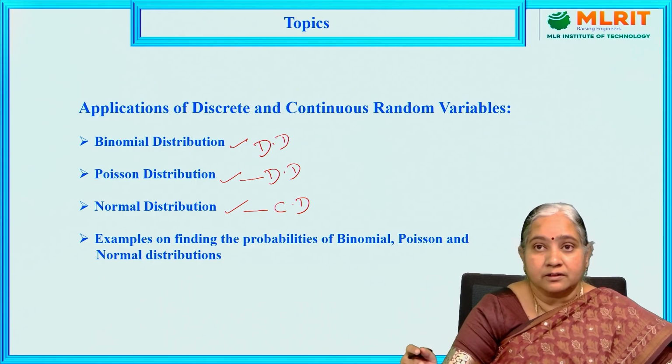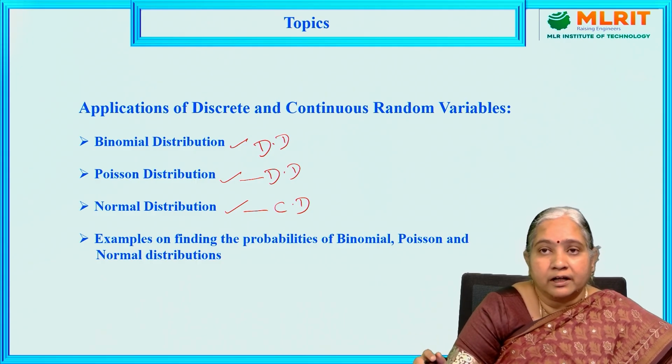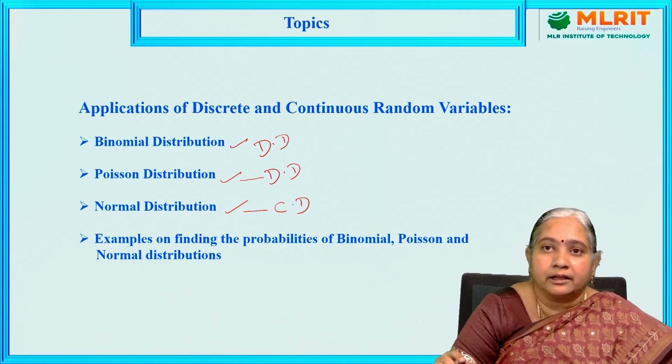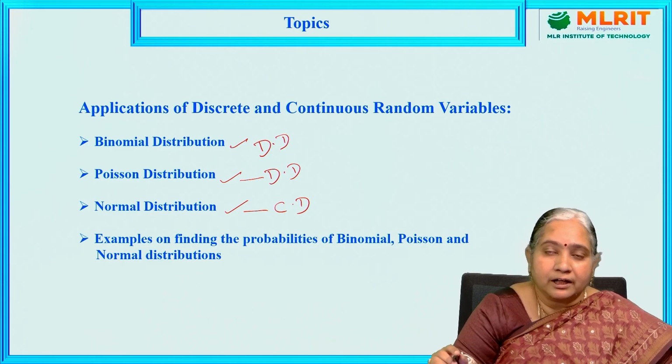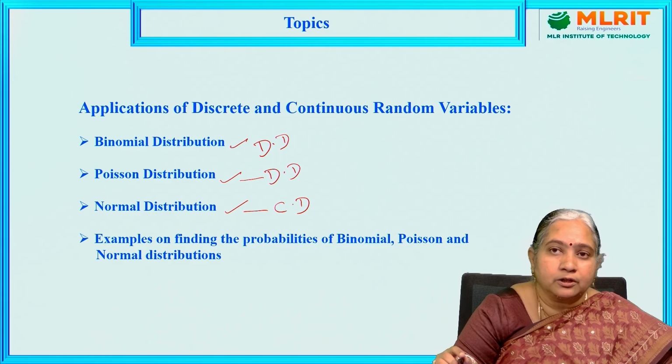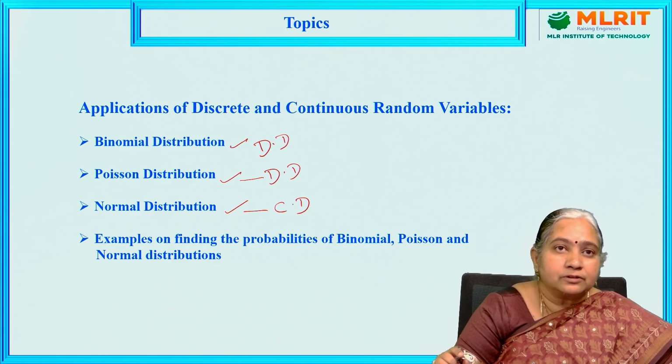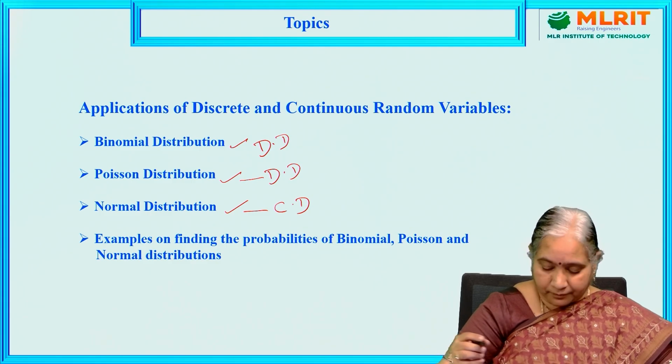Already we have discussed in the previous class what a discrete random variable is, what a continuous random variable is, and their properties. So here, what are the applications of discrete and continuous random variables? The first one is binomial distribution.